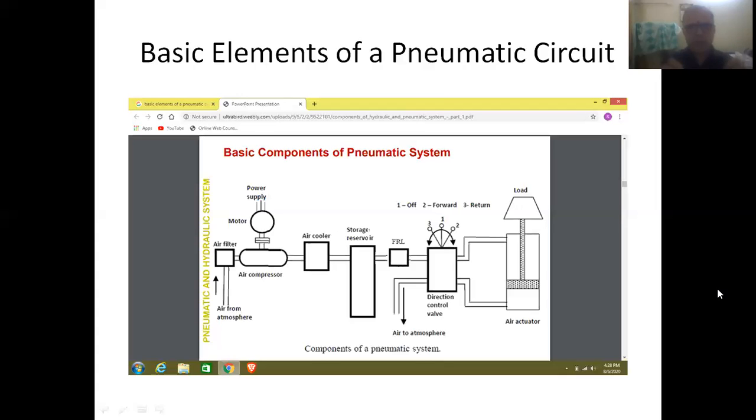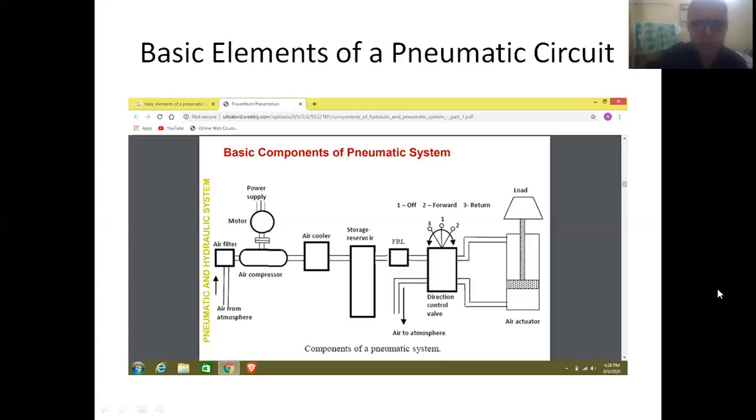Now friends, this DC valve will be having two positions. If the valve is placed in the first position, the inlet will be coming in contact with the first outlet, and the second outlet will be coming in contact with the exhaust of the DC valve.